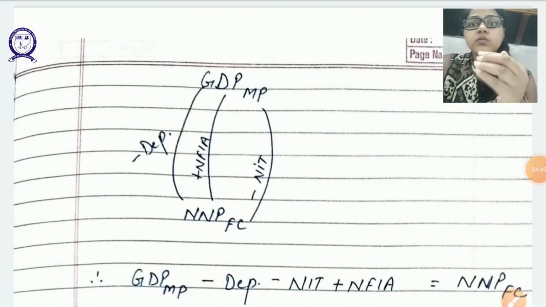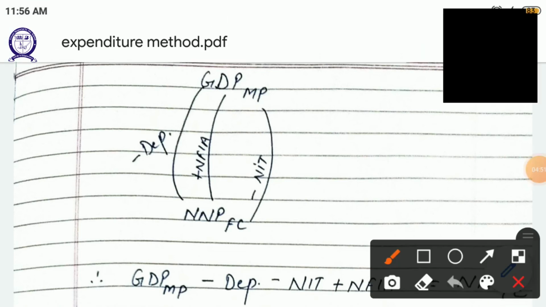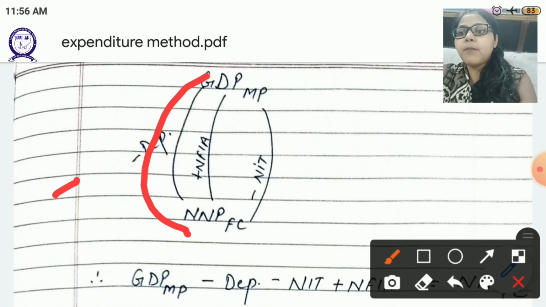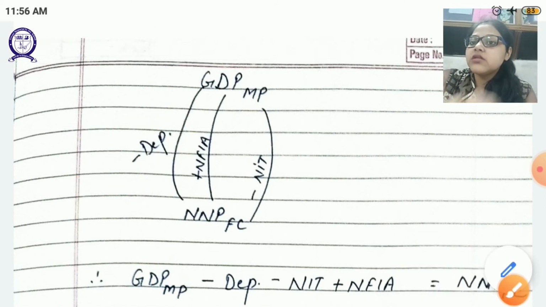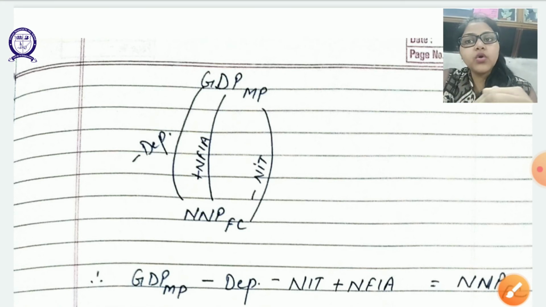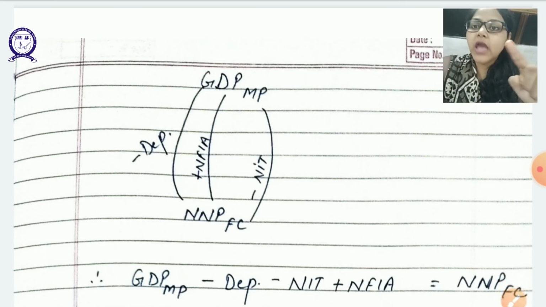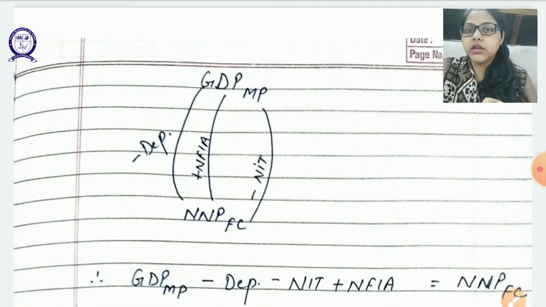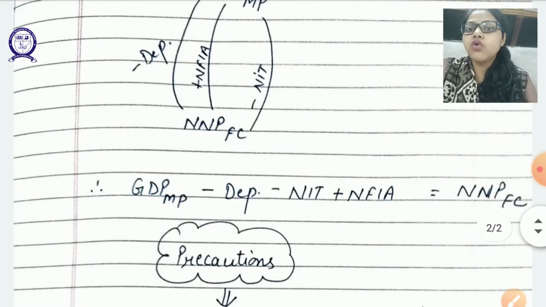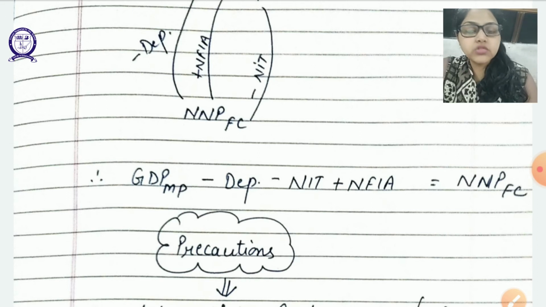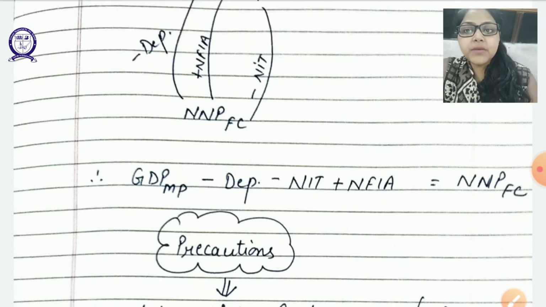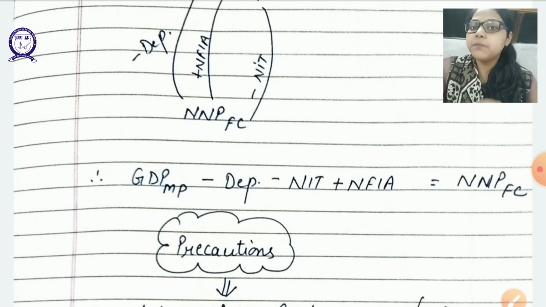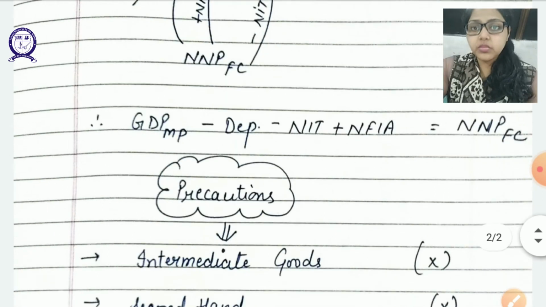When you go from gross to net, you deduct depreciation. Then going from domestic to national, you add NFIA. And last, MP to FC, you deduct NIT. So the formula for your NNP at FC, that is your national income, will be GDP at MP minus depreciation minus NIT plus NFIA is equal to NNP at FC.